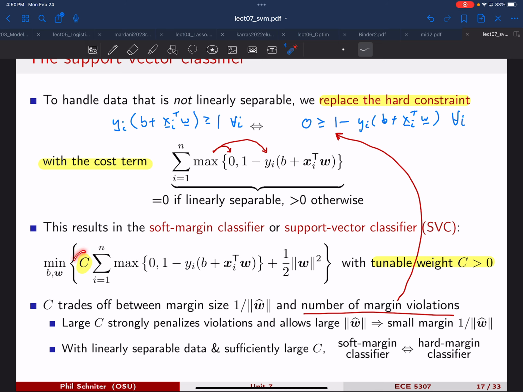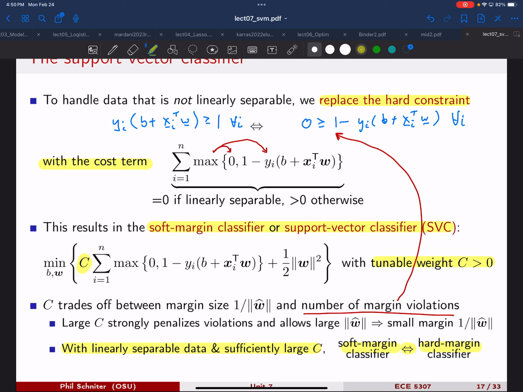And if C is large enough, we will be able to drive this all the way to 0, and we will get exactly the same design as the hard margin classifier. So with linearly separable data and sufficiently large C, this thing, called the soft margin classifier, or support vector classifier, will give us the same exact answer as a hard margin classifier.